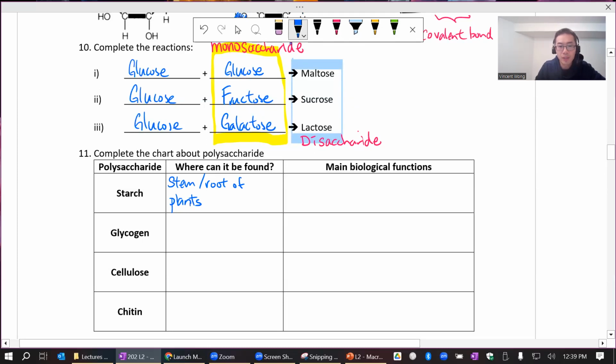And the plants use it for storage, right? Energy storage for plants.